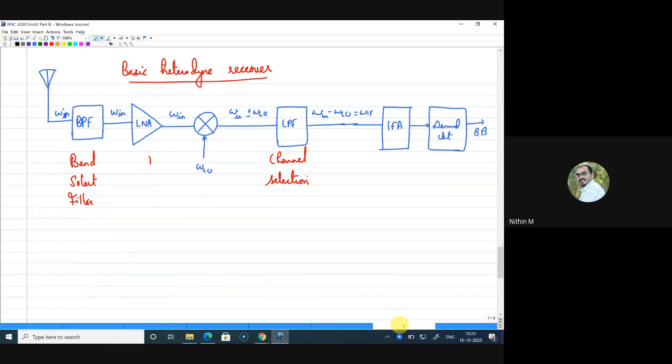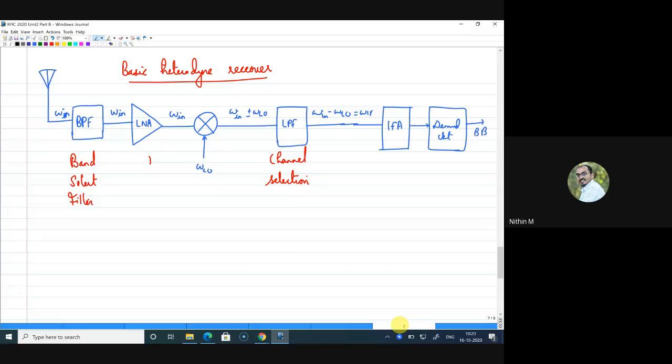That we have seen, and with that we saw the block diagram representation of a very basic heterodyne receiver, where there is a band select filter and a channel select filter. So band selection and channel selection happen at two points in the receiver, right?